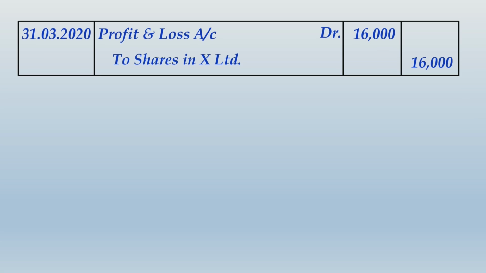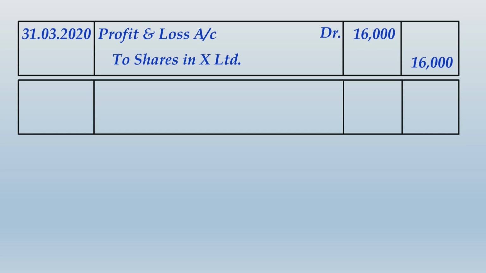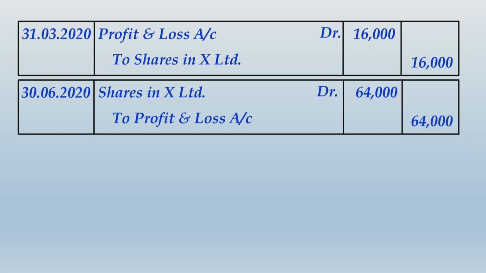Now what happens on 30th June 2020, that is at the settlement date, there will again be a change in the price of the share. This time the share price has increased to 170. The previous recorded price was 154. So from 154 to 170, the increase is by 16 per share multiplied by 4,000 shares, which is 64,000, and to P&L again 64,000.